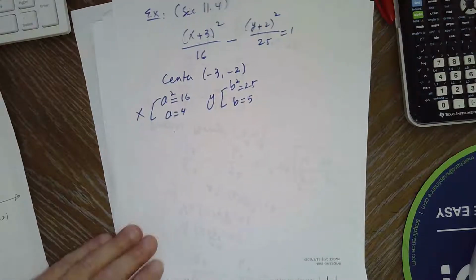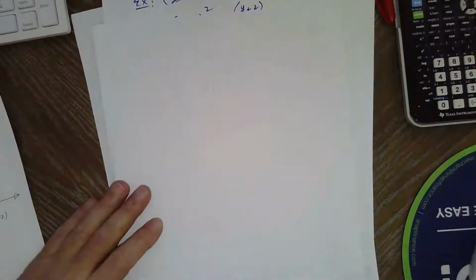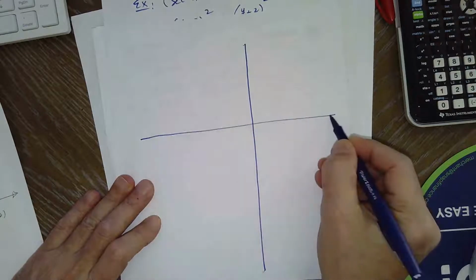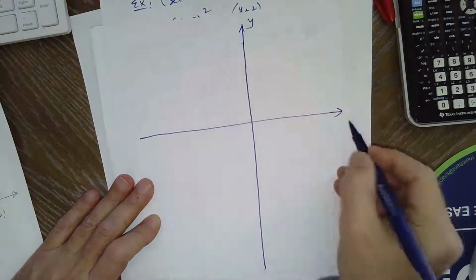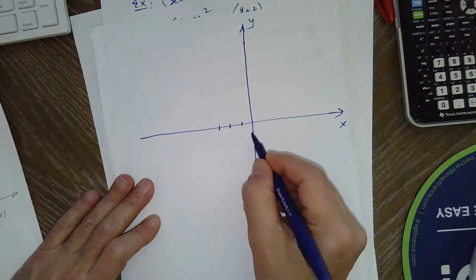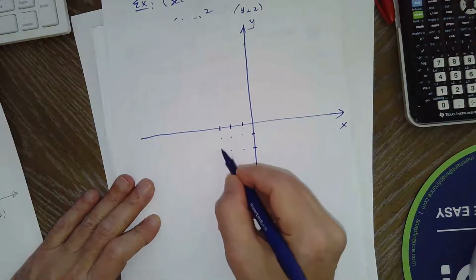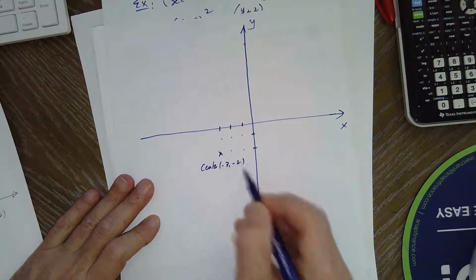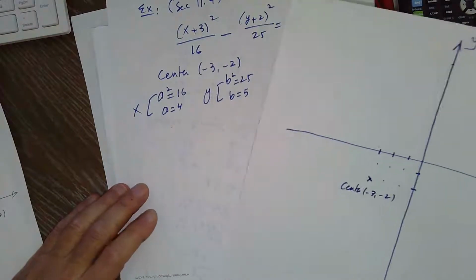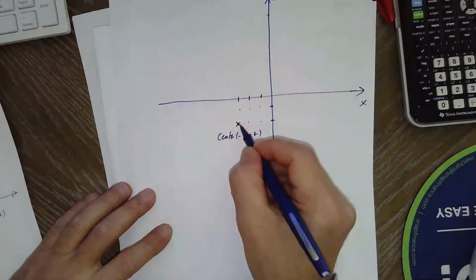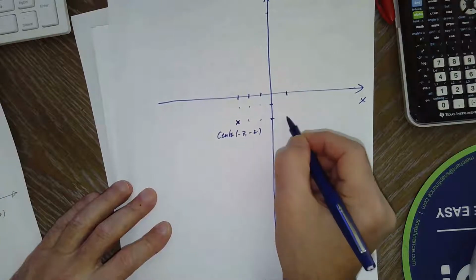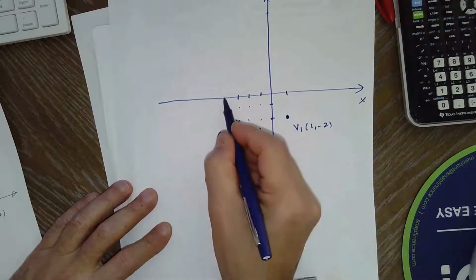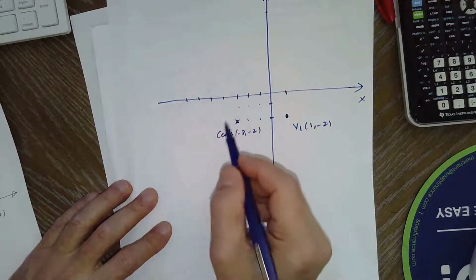So if we draw the graph centered at -3, -2, that's the center. The A's are 4 and the B's are 5. The A's are x, so we go from the center 1, 2, 3, 4. This is the vertex at 1, -2, and then 1, 2, 3, 4 the other way.